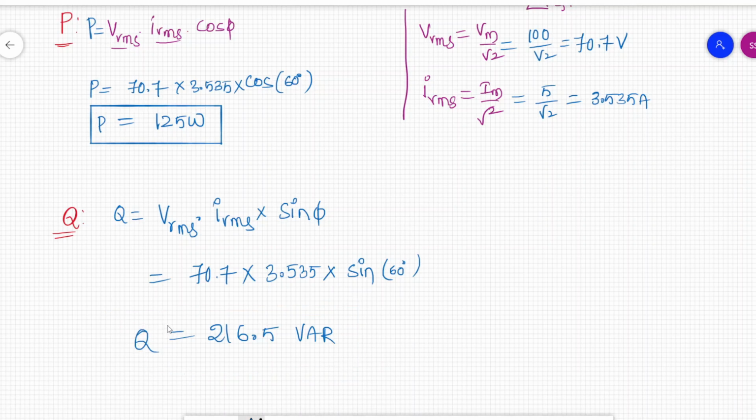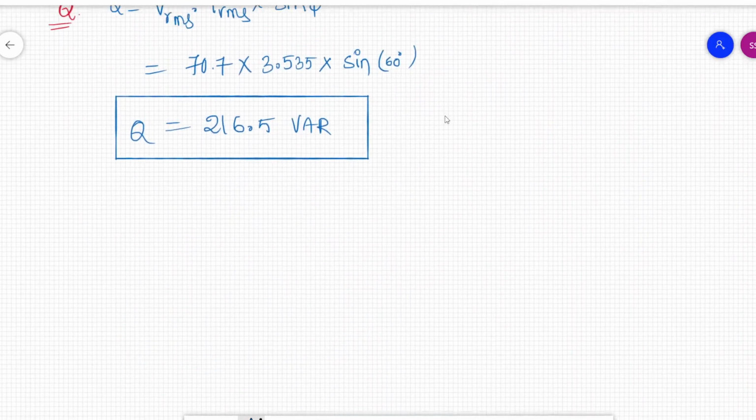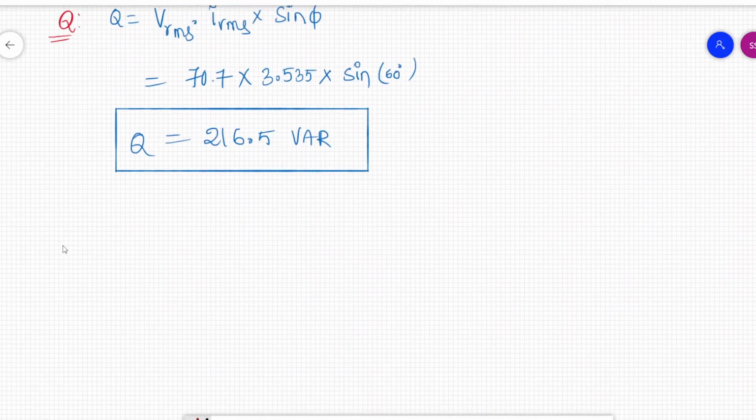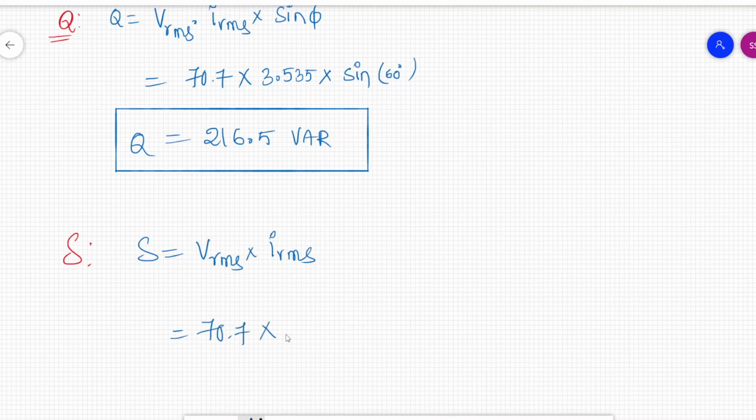Now let us find the last power, that is apparent power. Apparent power S is given by Vrms into Irms. So Vrms is 70.7 into Irms is 3.535.